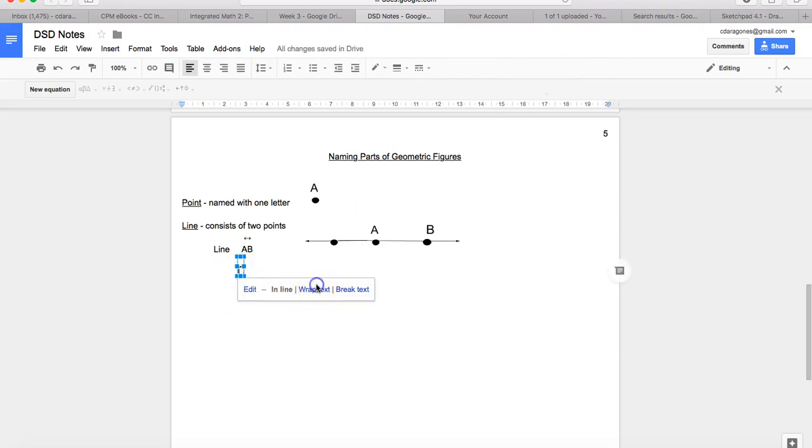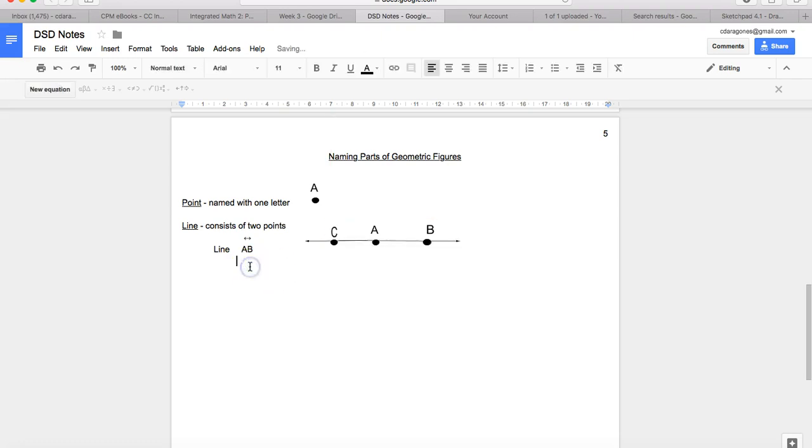If I were to call this new point on the line point C, I can also name this line according to that point. So I can call it line AB. I can call it line AC if I want, because this line also connects the 2 points A and C. I can call it line BC, right? Because these 2 points go through the line.